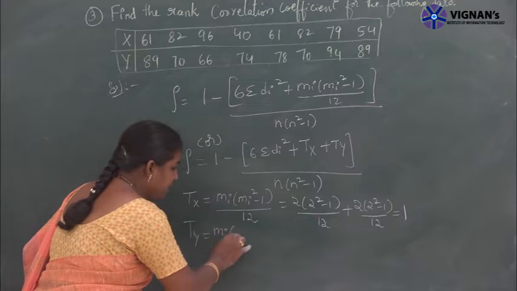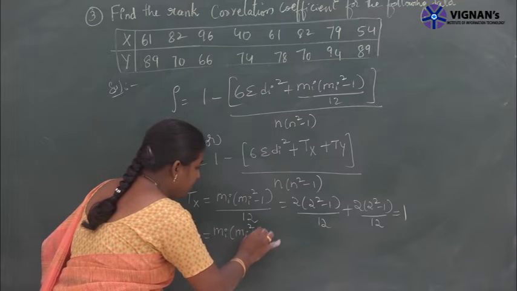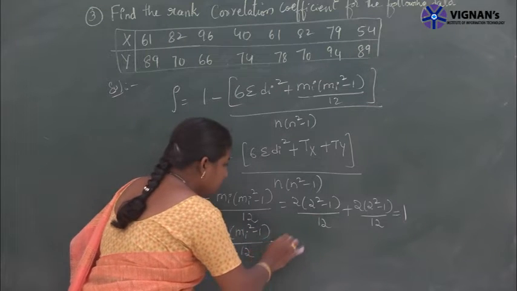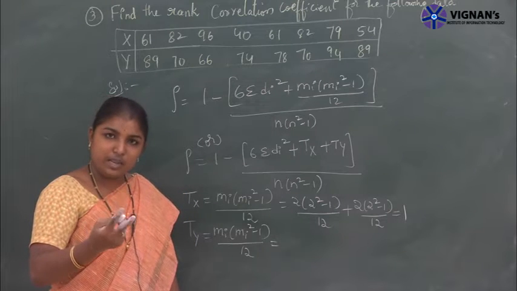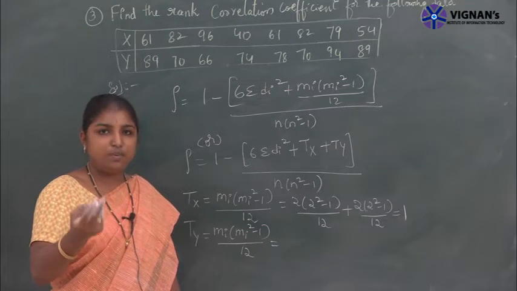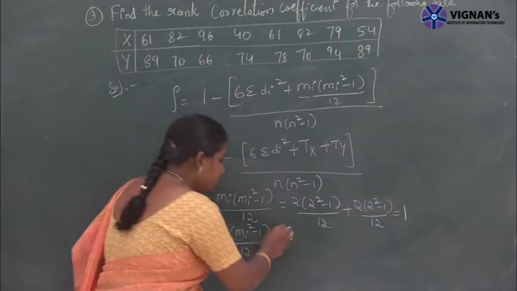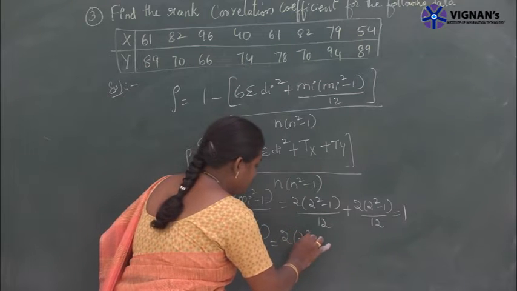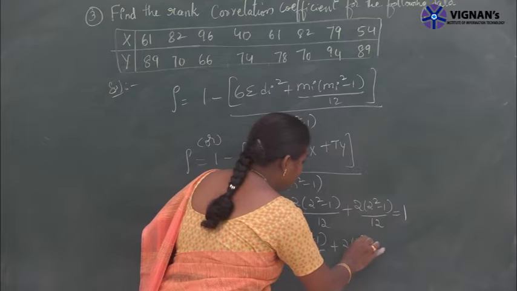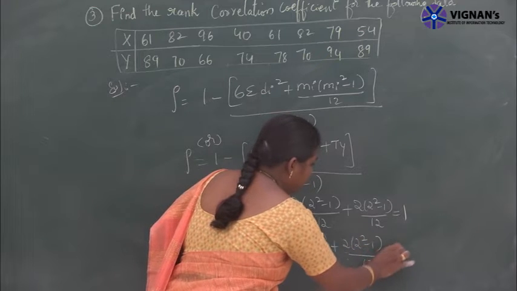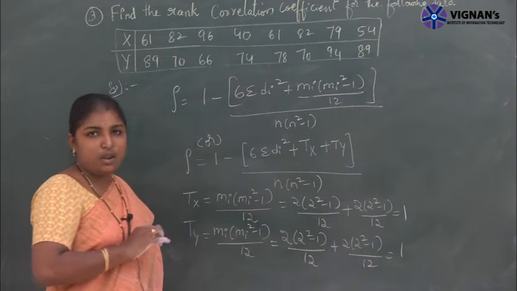That can be written as mi into mi square minus 1 by 12. So in y ranks, 2.5 is repeated 2 times and 6.5 is repeated 2 times. So that is 2 into 2 square minus 1 by 12 plus 2 into 2 square minus 1 by 12. Simplifying, we get that value is 1.